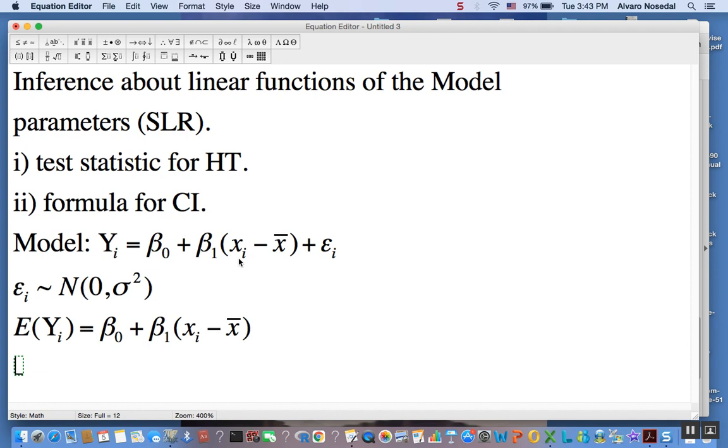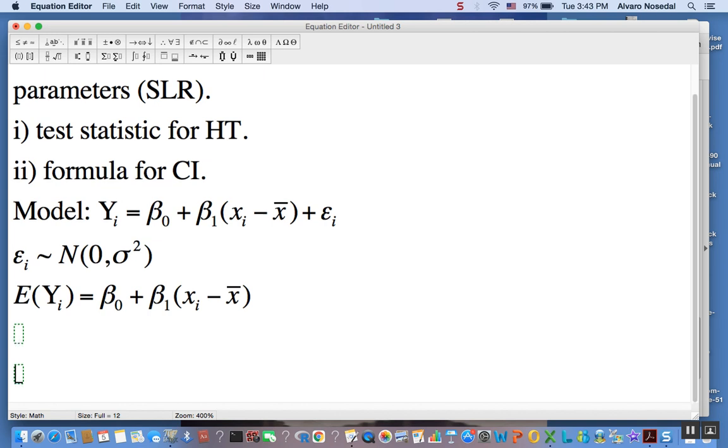Those are the assumptions. Now let me remind you that we already know what the estimators for beta 0 and beta 1 are. So let's write them down.